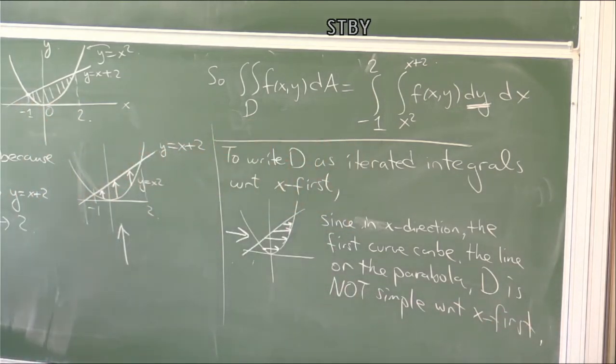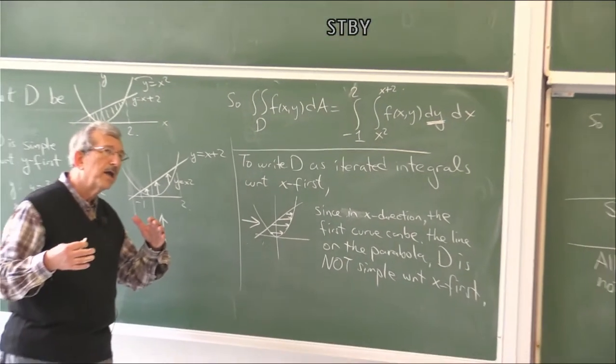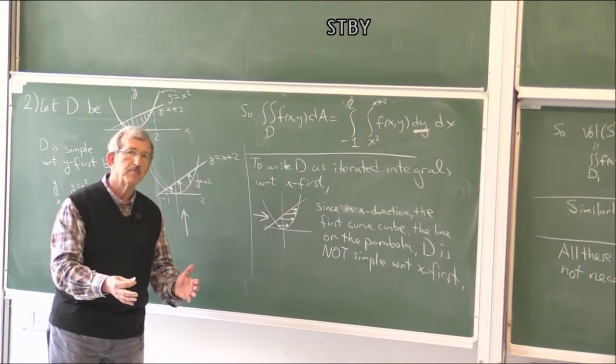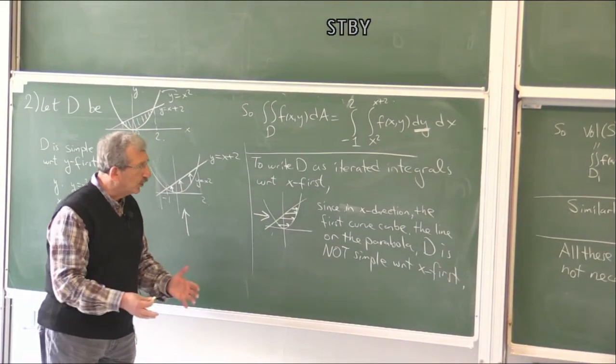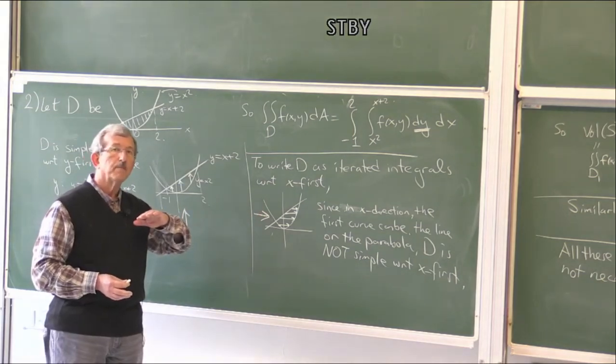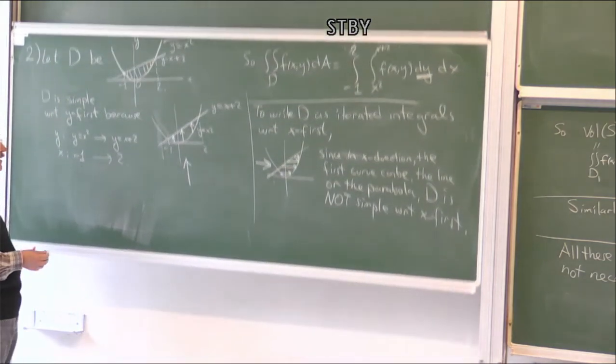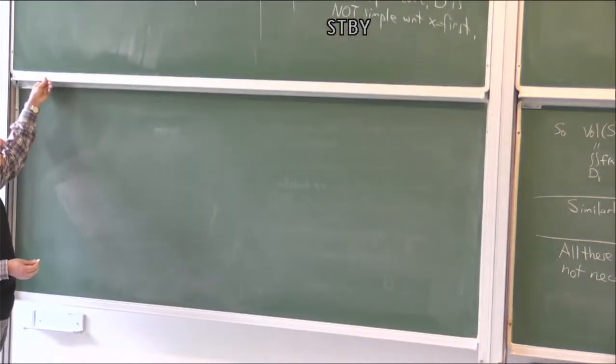Well, if D is not simple, we cannot write it with respect to x first in one piece. But we can do so by dividing D into pieces. And it's clear where to divide D into pieces. We can do it as follows.